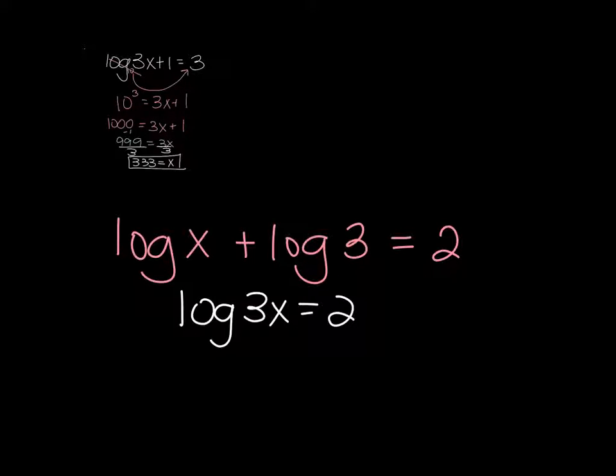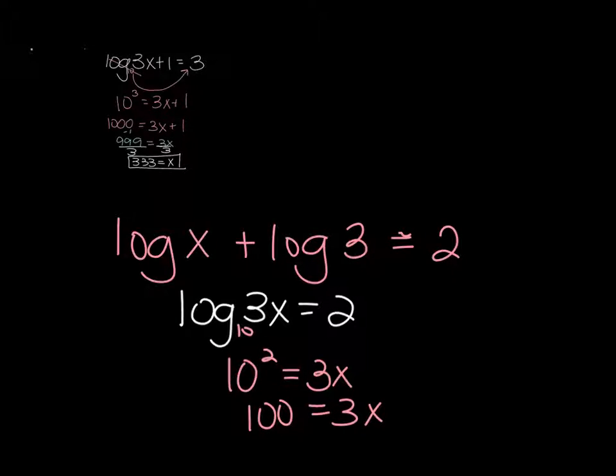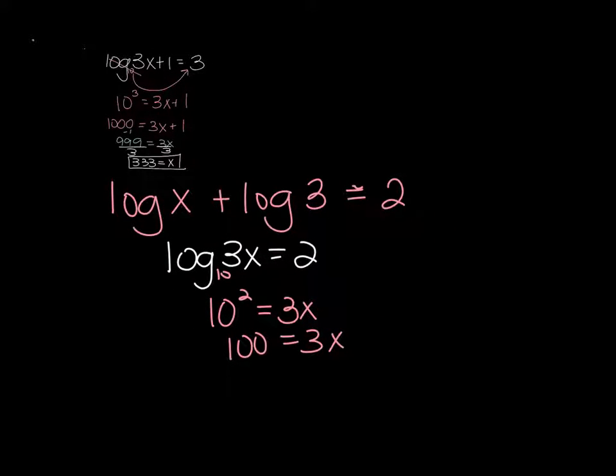So I convert this into exponential notation. 10 to the second would equal 3x. 100 would equal 3x. And then I would divide by 3. You can leave it as 100/3, or you can change it to 33 1/3 or 33.3. Any of those answers would work.